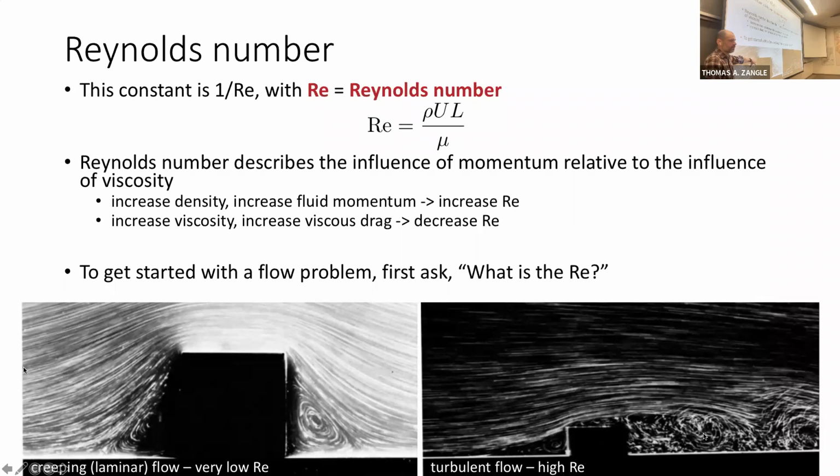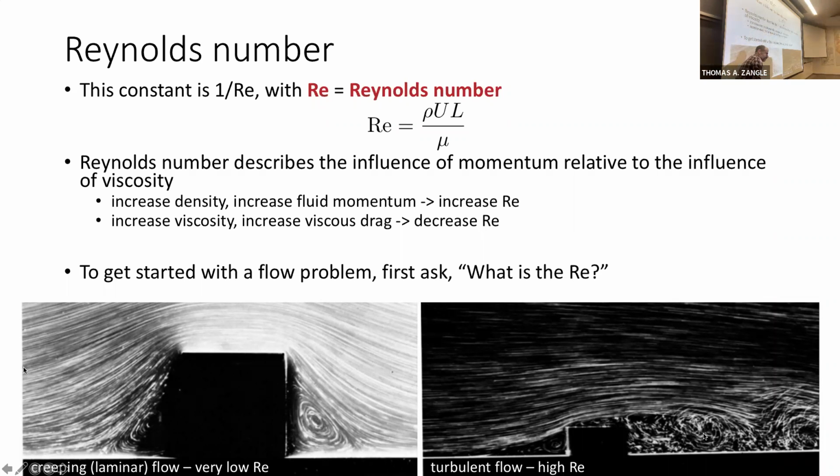This could have been done in the same wind or probably water tunnel, with the same experimental apparatus. But in one case, we have a very low Reynolds number, and we see this neat symmetry where it looks the same. If I were to flip this around, it looks pretty much exactly the same.